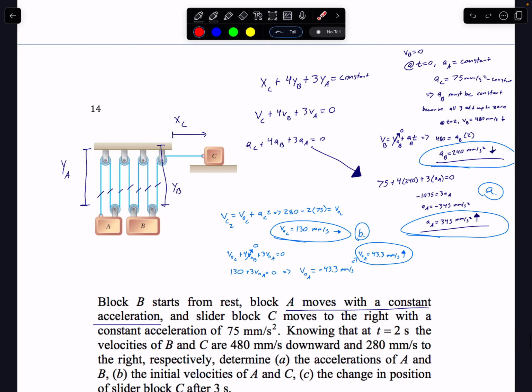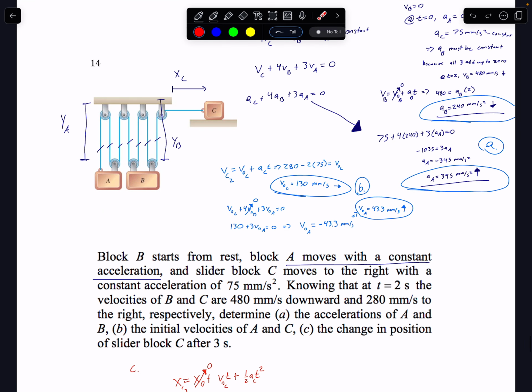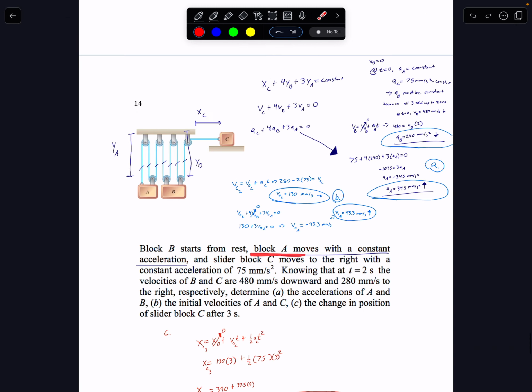And so we have to do a little bit of thinking here. We know block A always moves with a constant acceleration, and block C also moves with a constant acceleration. And if you look over here, if these all equal a constant value, that means that block B also has to move with a constant acceleration, which I put right there.